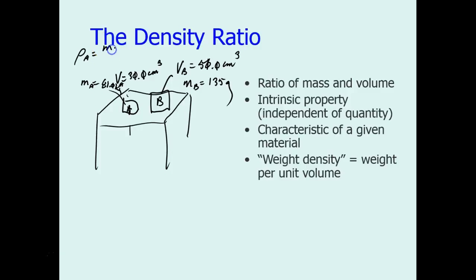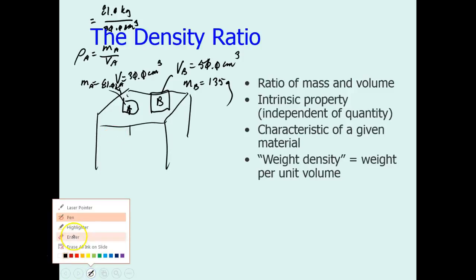Density, mass of A over volume of A. The mass of A was 81.0 kilograms divided by the volume of A, 30.0 cubic centimeters. Now let's just take a break for just a second here. These shouldn't be kilograms, they should be grams. I'm sorry, this is grams. I messed that up.